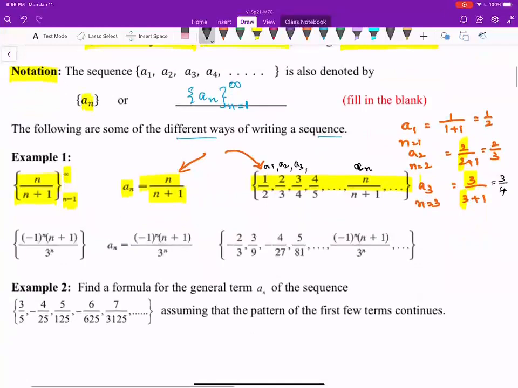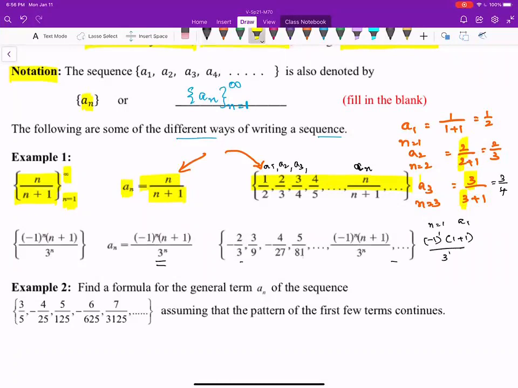Like that, if you take another example, negative 1 to the power n plus 1 over 3 to the power n, we can write just the nth term alone, or we can list down the members inside curly brackets the way it is shown. If you plug in n equal to 1 here, you should get a1. So it is negative 1 to the power 1 plus 1, divided by 3 to the power 1.